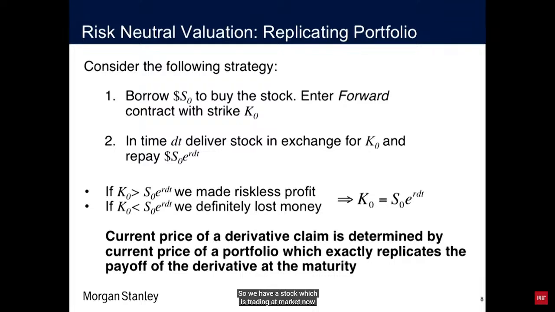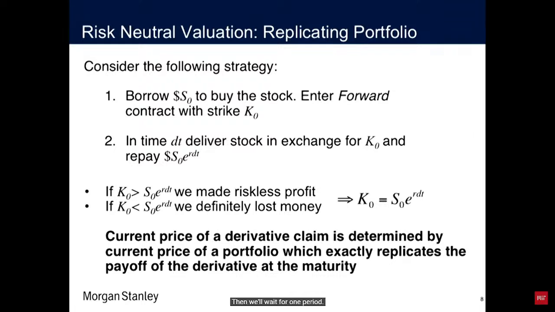Let's think a little bit. We have a stock which is trading at market now for the price S0. How about we go to the bank and borrow S0 dollars right now and immediately go to the market and buy the stock. So right now we are net 0. We borrowed S0 and paid it immediately to buy the stock. So we have the stock at hand.